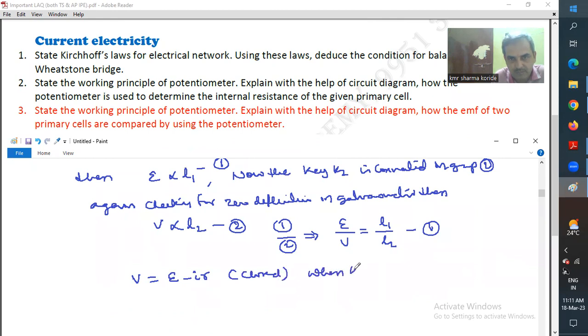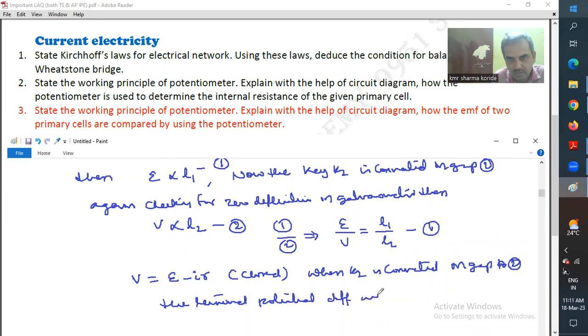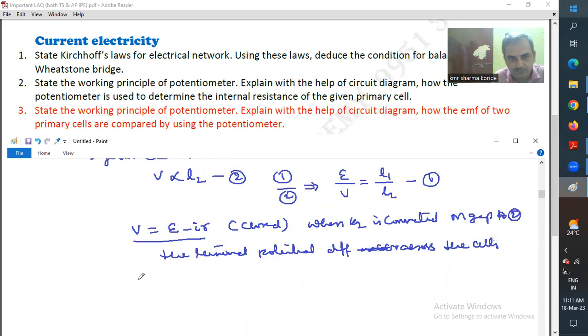So when K2 is connected in gap 2, the terminal potential difference across the cell is V equal to EMF minus Ir. Now through the entire wire, the same current flows.